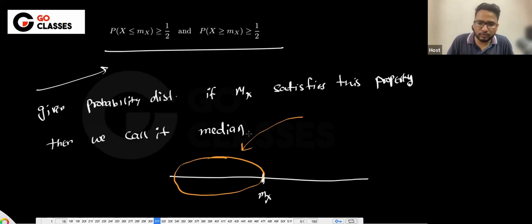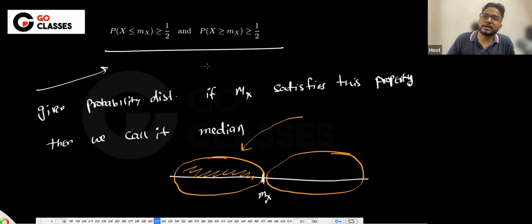If I draw many samples, then half of the samples should be from this area and half from this area, which means the probability that x is here is greater than or equal to 1 by 2, and the probability that x is here is also greater than or equal to 1 by 2.